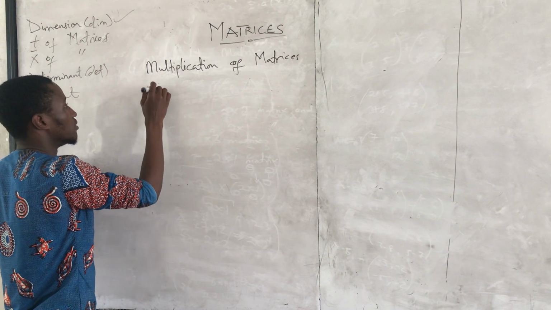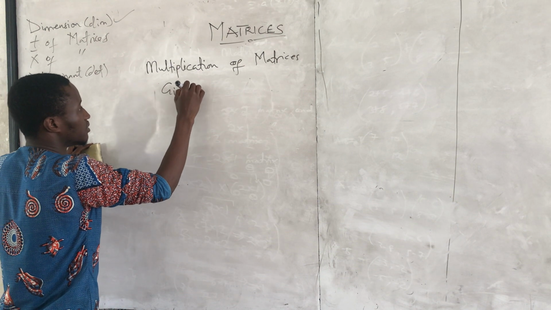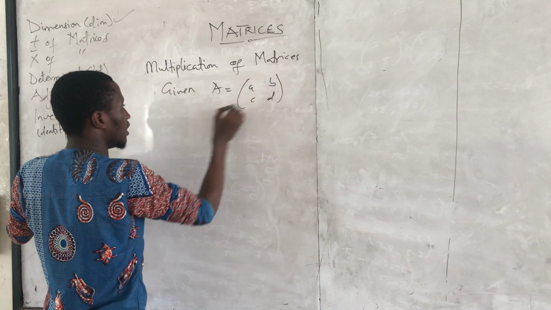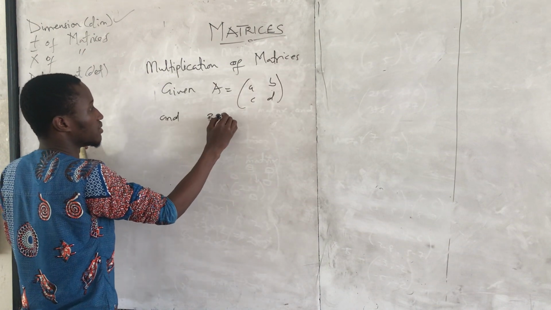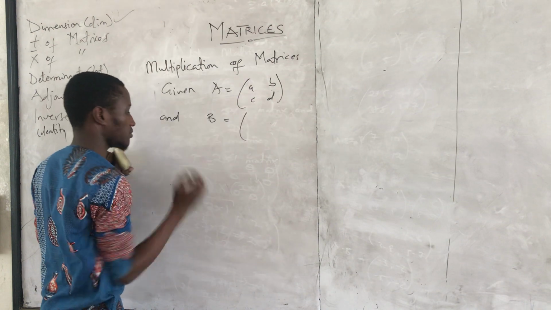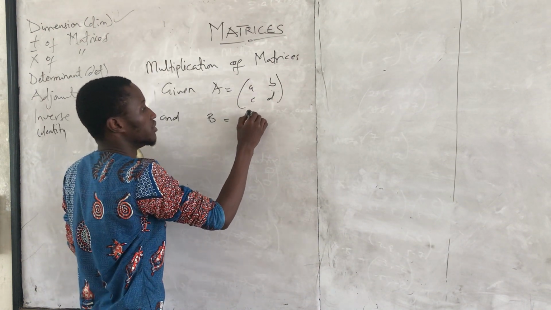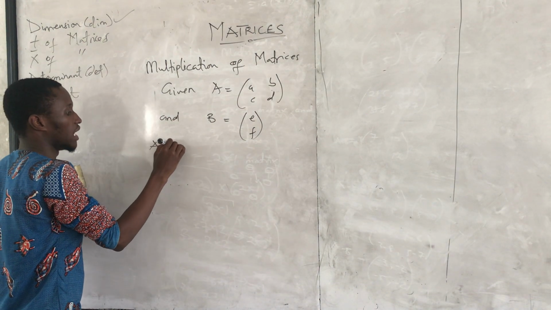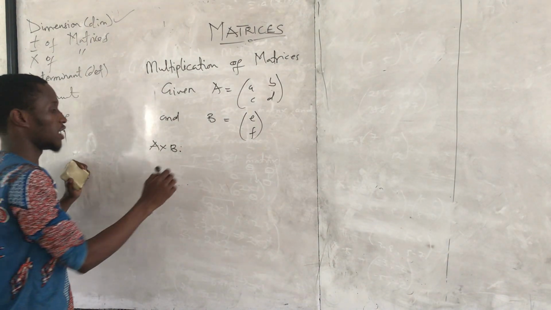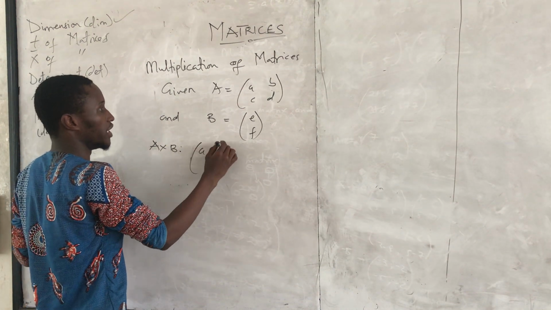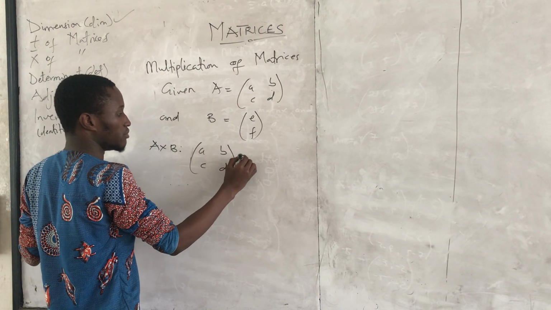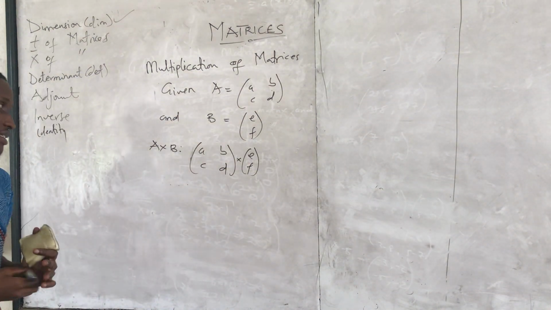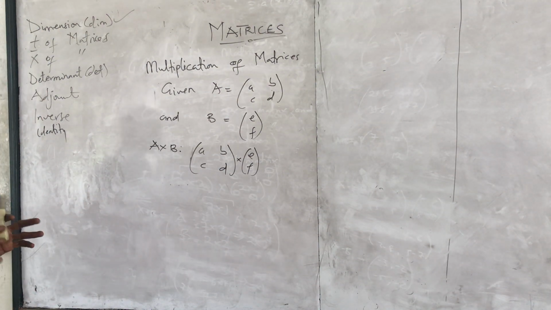So giving A as A, B, C, D and B as say E, F. We want to find A times B. So A times B becomes like A, B, C, D multiplied by E, F. This is very, very critical. You have to pay attention here.